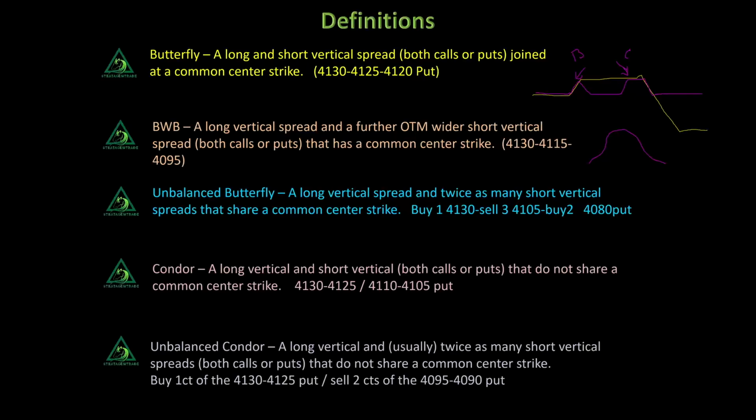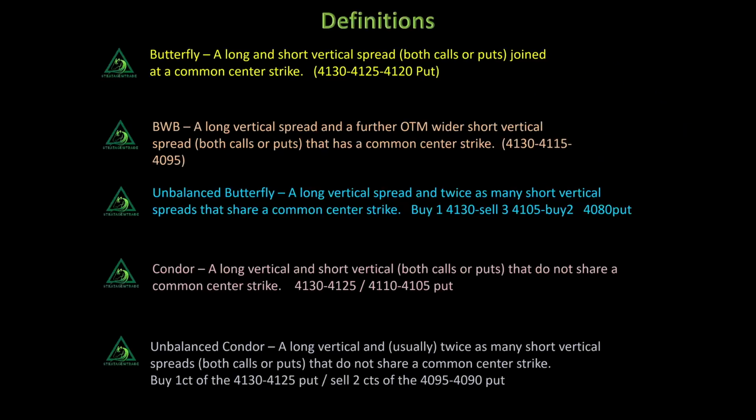Tomorrow morning on the open, because of the overnight time decay, the risk graph looks like that. And the expected ranges have decreased dramatically. They've come in for no other reason than time decay. This much on this side and this much on this side. And that's the purpose of it.